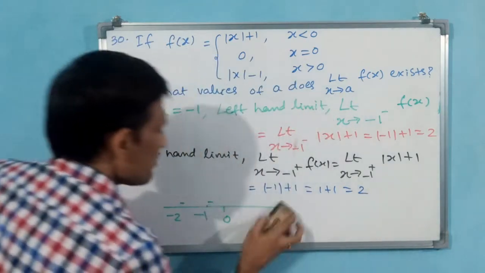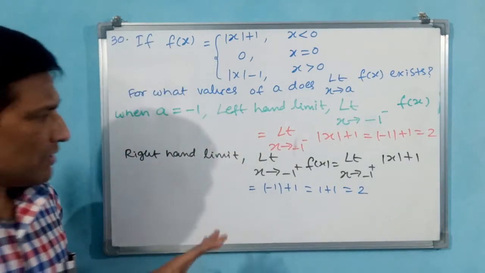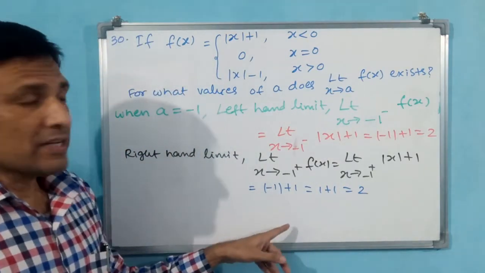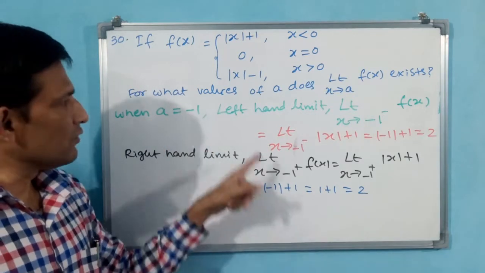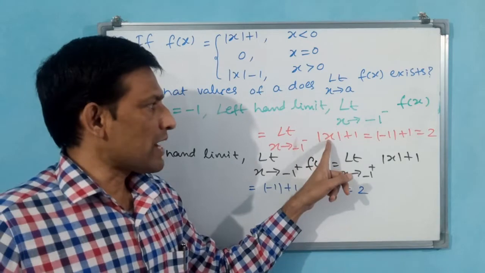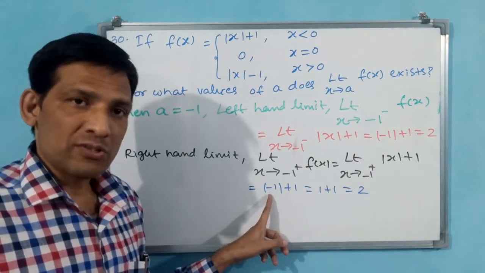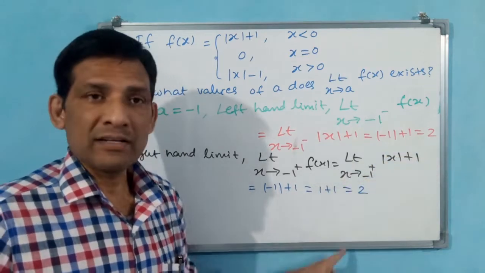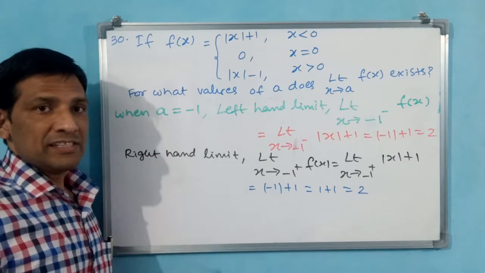Now you tell me, does the limit exist at -1 or not? The limit exists. Before writing the final statement, think: rather than -1, if I had taken -2 like earlier, modulus of -2 is 2, 2 plus 1, 3 will come. Here also modulus of -2 plus 1, 3 will come. Both are same. Then even at -2 it is existing.